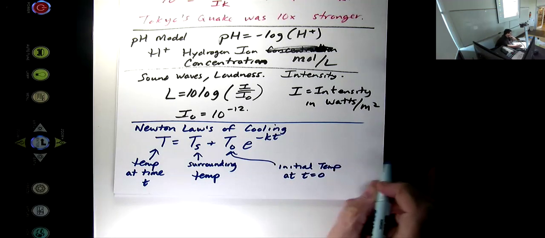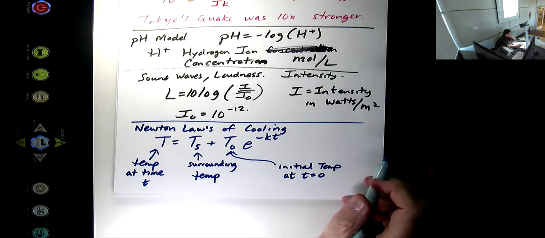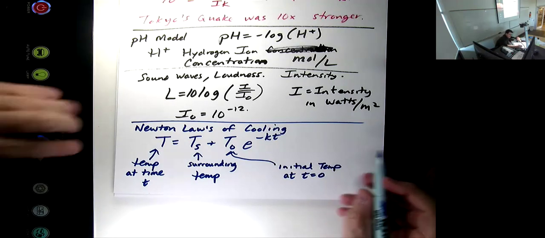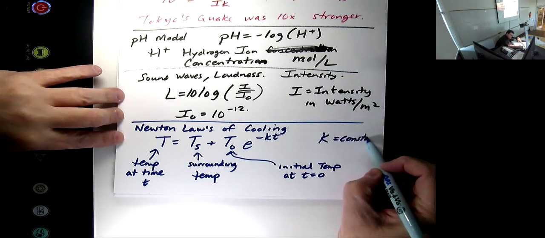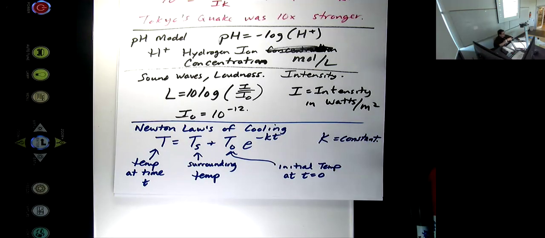That's usually what initial means. And K is a constant, and it's usually dependent on the material you're talking about. If you got a rod of iron that's hot and you're trying to cool it, that's different than a tube of water. The constants are different. But exponents in this bad boy. There's examples of that in the book too.